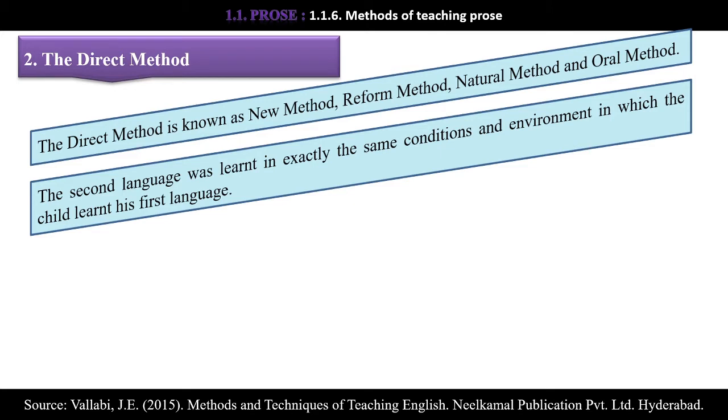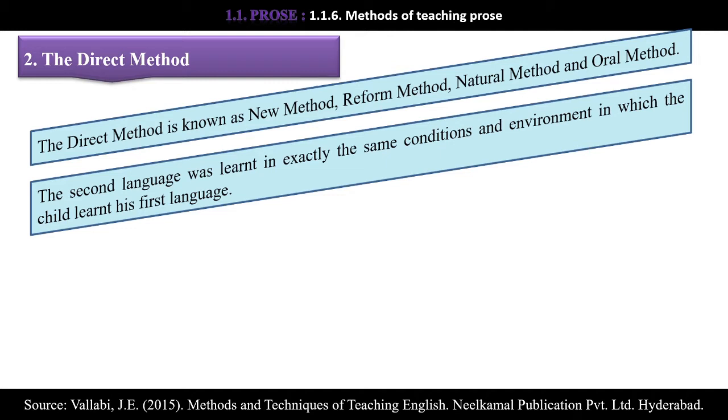The second language is learned in exactly the same conditions and environment in which the child learned his first language. See, how do we learn a mother tongue or first language? For example, we are living in Maharashtra, so we learn the Marathi language by observing it.